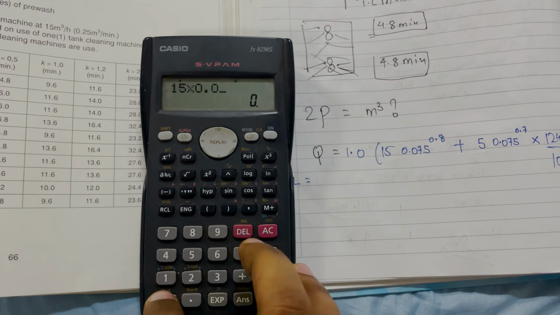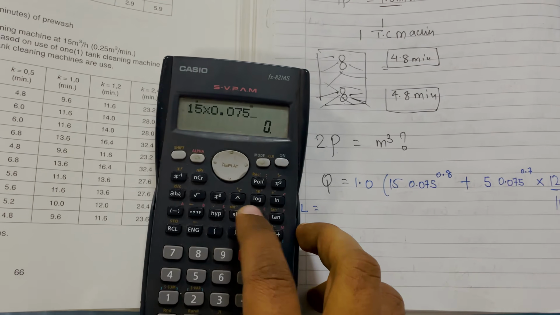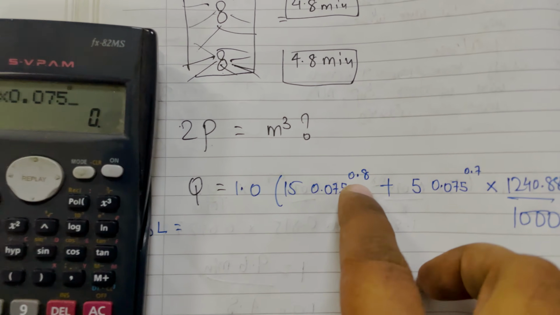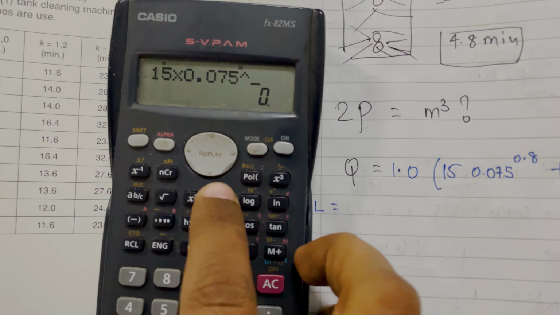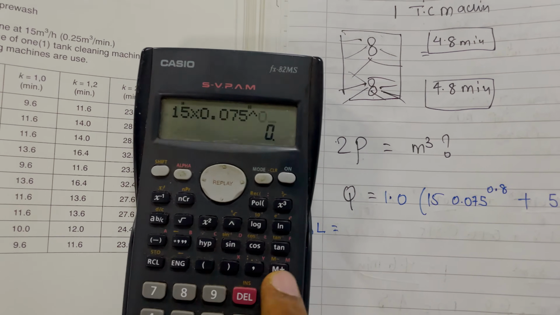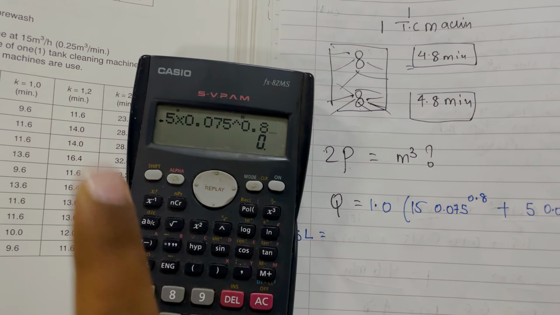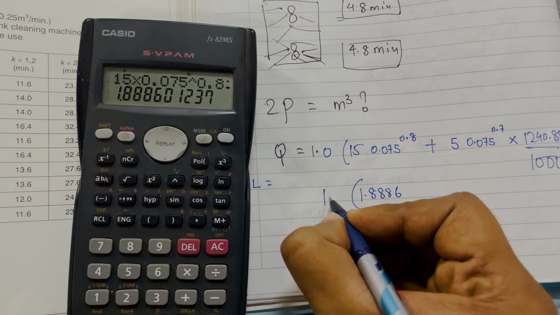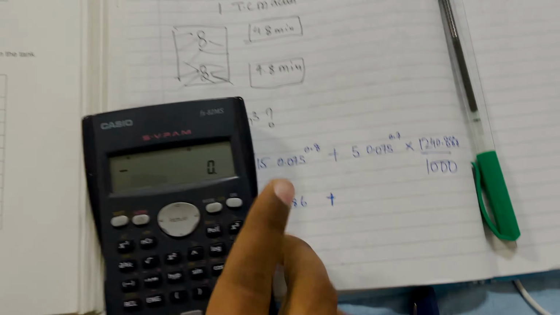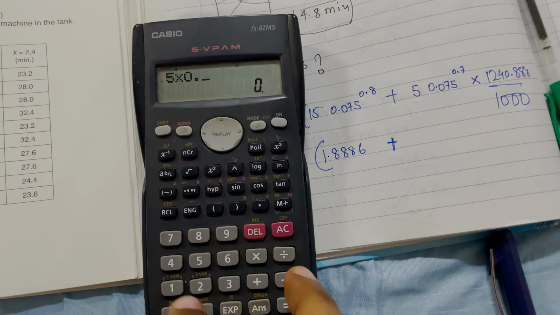On the calculator we'll multiply 15 into 0.075 raised to the power 0.8. For this we have to press this up arrow button. We'll press this and then write 0.8. So we'll get the value 1.88860, multiplied by 1, plus 5 into 0.075 raised to the power.